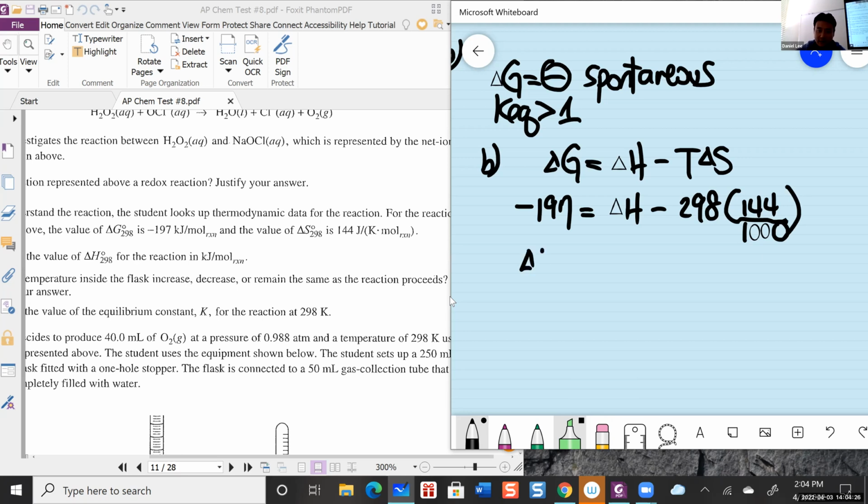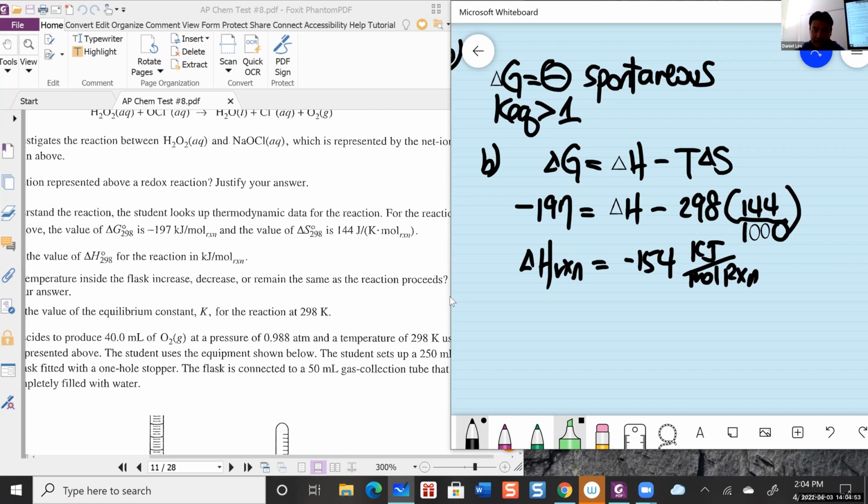And so for delta H for the reaction, don't make a mistake on this one, right? And if you solve for it, your delta H is negative 154. If you don't put units, you get it wrong. So 154 is kilojoules, and they always put per mole of reaction. It is the same as just negative 154 kilojoules. But per mole of reaction is always there.